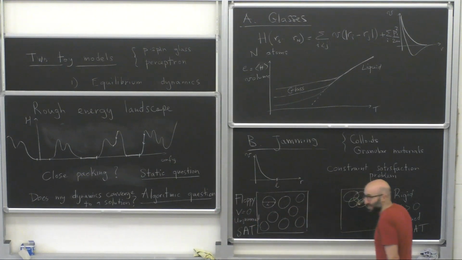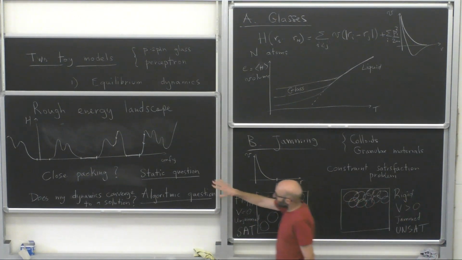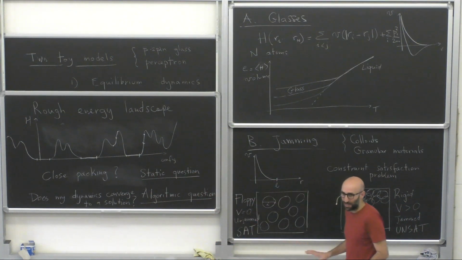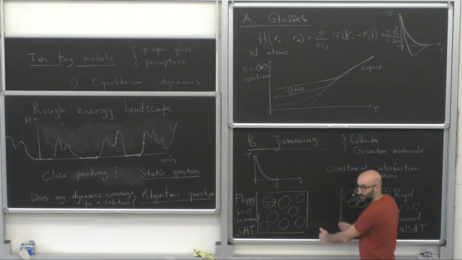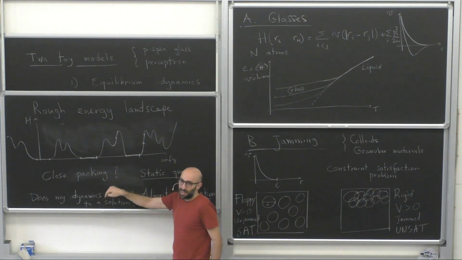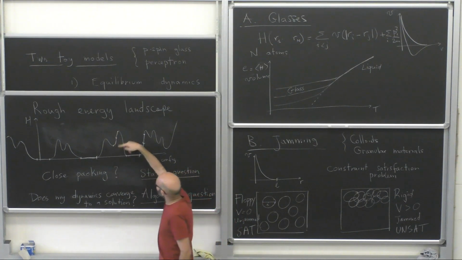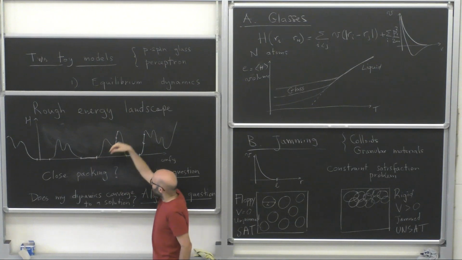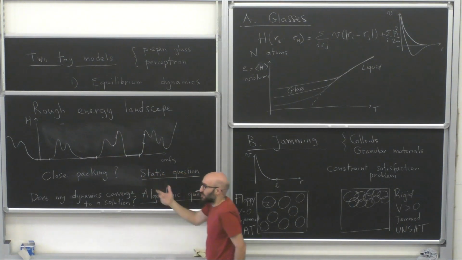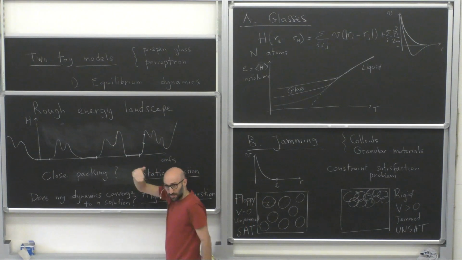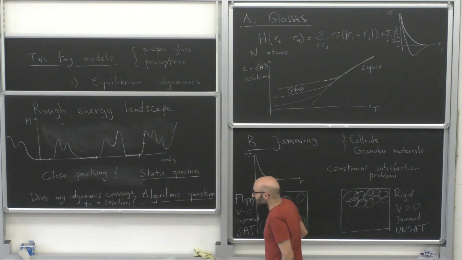Then there is a very dense region where there are no packings. So whatever you do, even the smartest algorithm is not going to find any packing. But then there is an intermediate phase where there are packings, but they are hard to find because there are many other higher energy states that are not solutions. And if your algorithm is not very, very smart, it will typically get stuck into bad states.